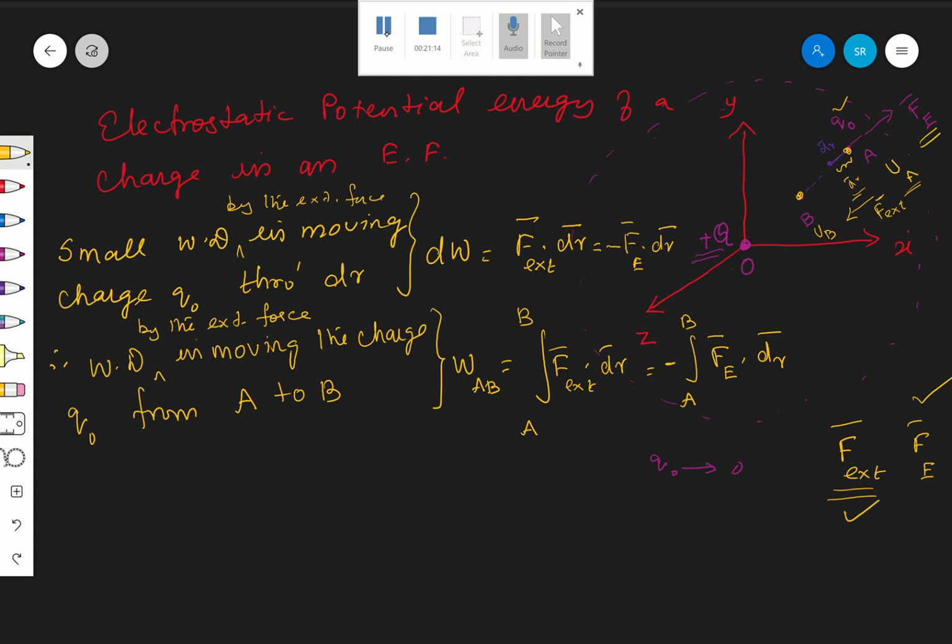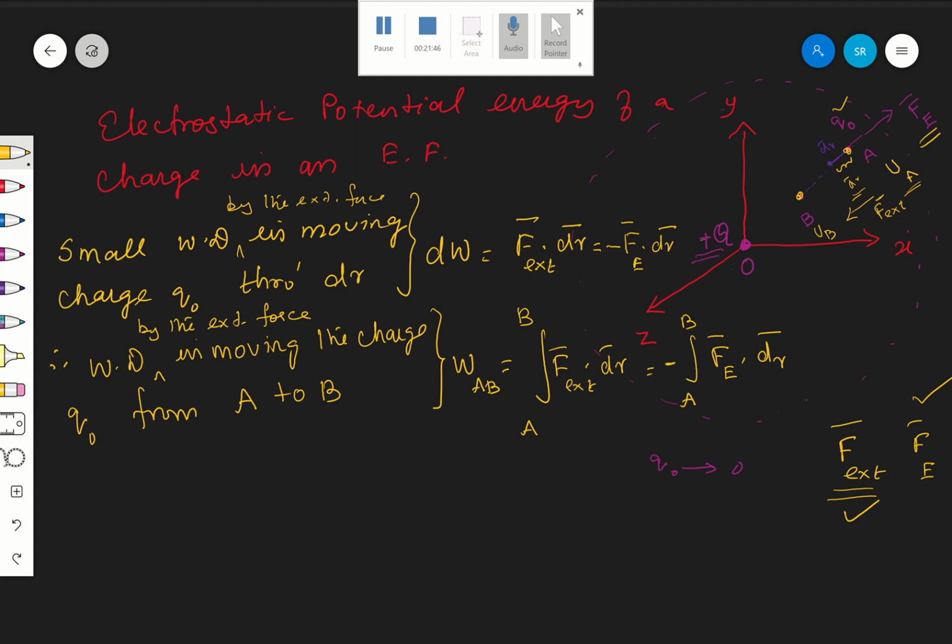When you are bringing it to B, because I am coming closer to the positive charge plus Q, its potential energy is increased when I am bringing the charge Q naught from A to B. How is the potential energy increased? At the expense of work done by the external force when the charge Q naught is moved from A to B. Are you following?